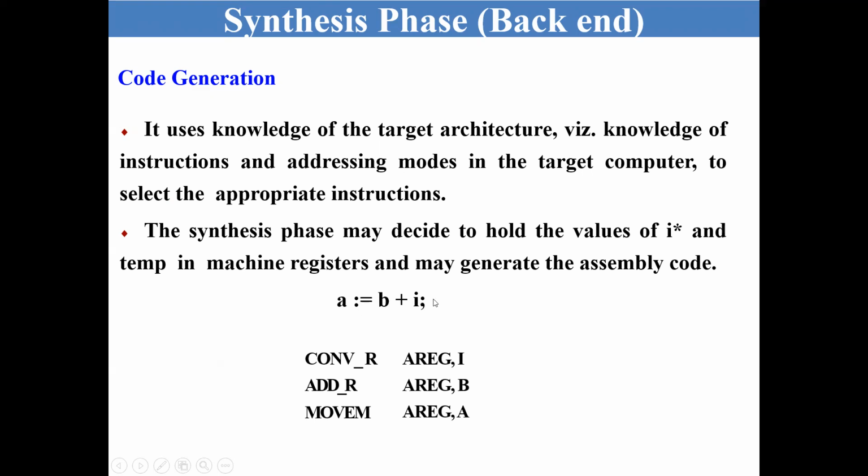A equal to B plus I, you know that intermediate code, just convert it. A register comma I means I is stored into the A register, then it is added with this B, and move M, that is, A register to A. Finally, the result is moved to the A variable, right? Very simple to write this code because the example is very easy.